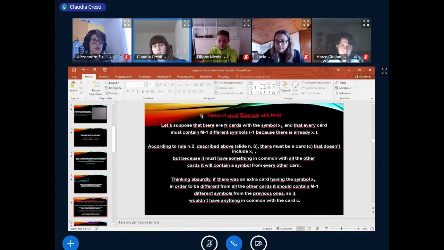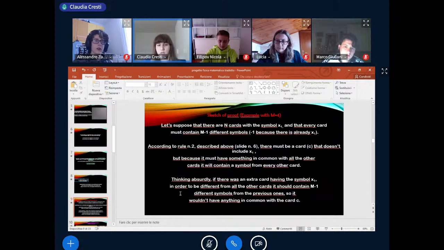Let's suppose that there are n cards with the symbol x1, and that every card must contain m minus 1 different symbols, minus 1 because there is already x1. According to rule number 2, which we described in slide number 6, there must be a card C that doesn't include x1, but because it must have something in common with all the other cards, it will contain a symbol from every other card.